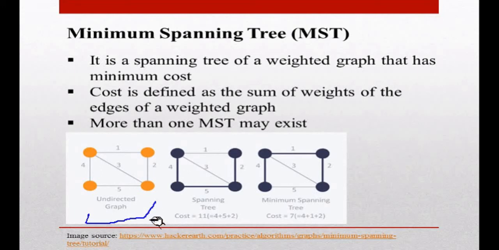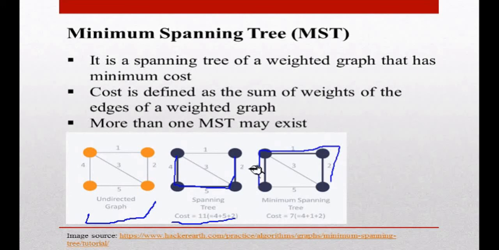Obviously we can generate more than one spanning tree, but we want to generate a spanning tree such that its total cost is minimum. Total cost is the sum of the edges. So for example, this is a spanning tree. What is the weight of this spanning tree? 4 plus 5 plus 2. So this is 11, the cost of this particular spanning tree. Let's take another spanning tree.